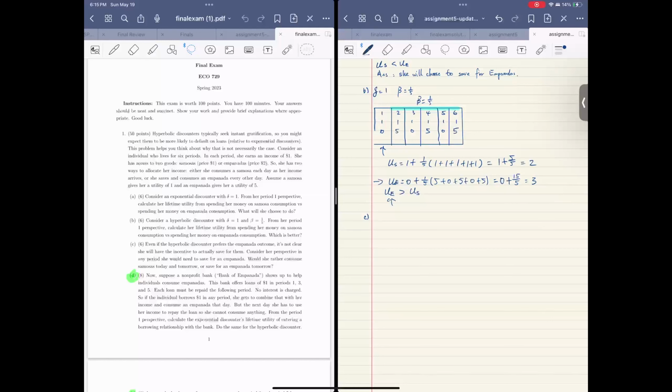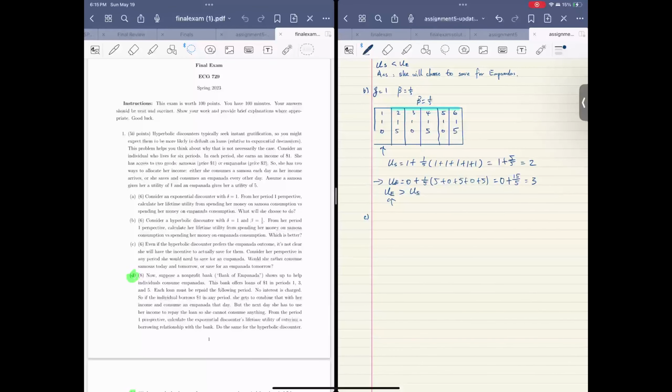So for question C, even if the hyperbolic discounter prefers the empanadas outcome, it's not clear she will have the incentive to actually save for them. Consider her perspective in any period. She will need to save for an empanada.